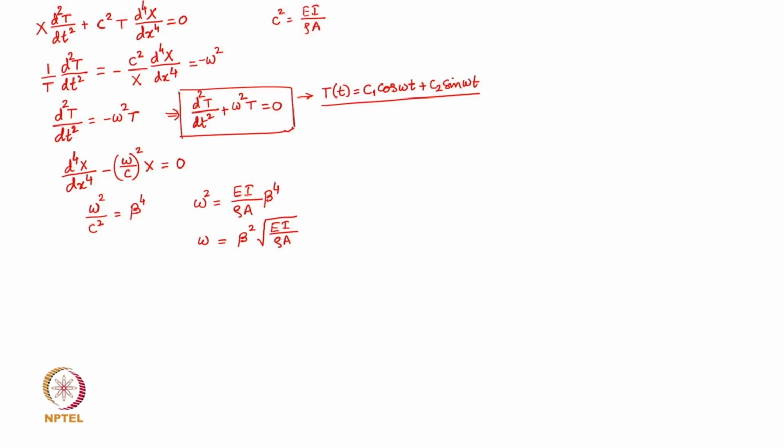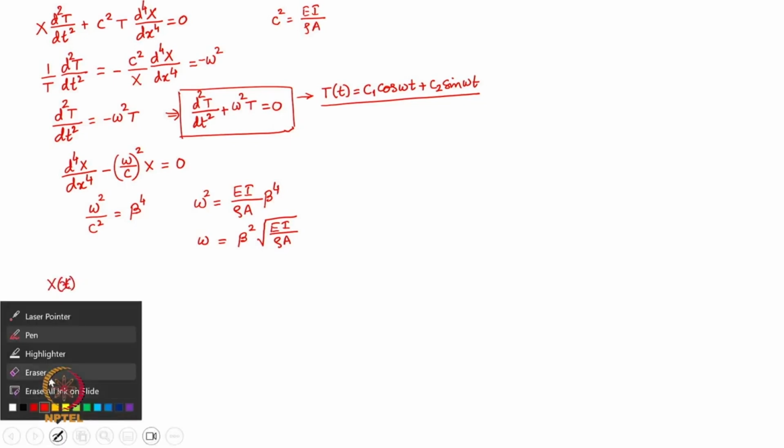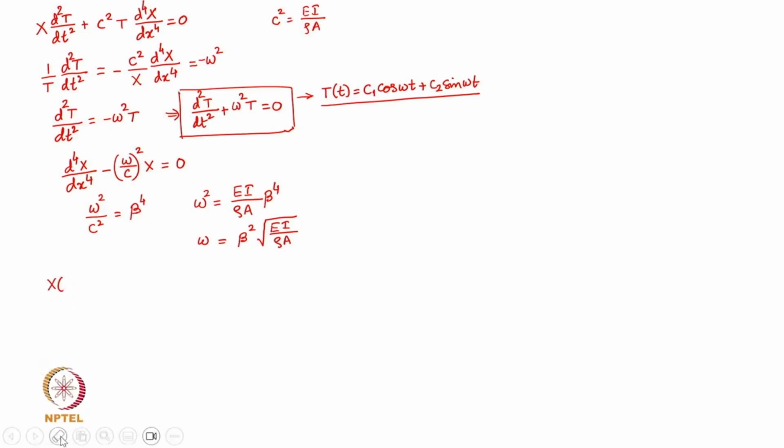And the x dependent function, that is capital X, as a function of x here, will have to be written now. So we will write this capital X as C e to the power sx as the standard solution to this equation.